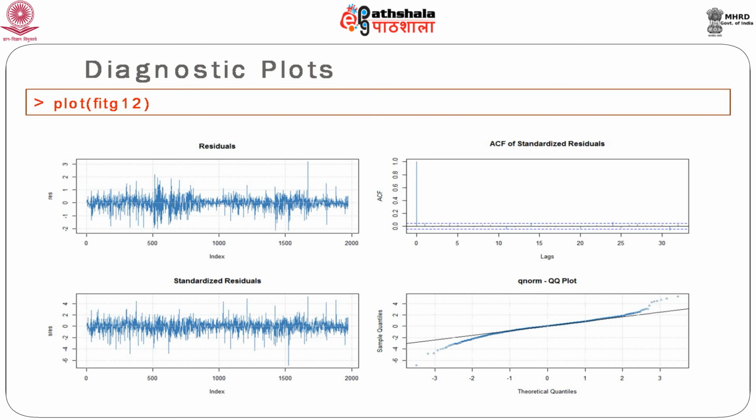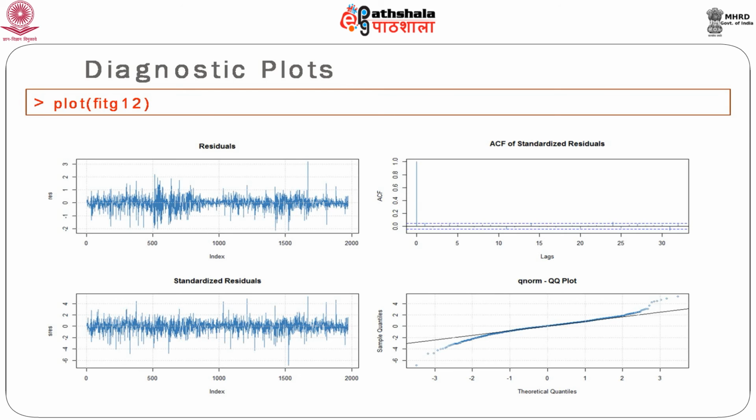The first one is the residual plot. The second one is the ACF of the standardized residuals. The third one is the standardized residuals of the series, and the fourth one is the QQ plot, which indicates quite a strong violation of normality.